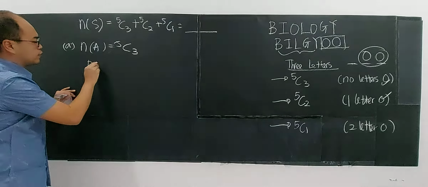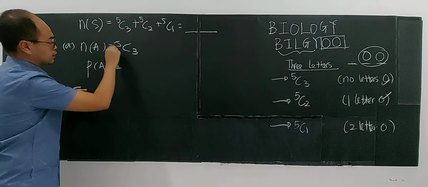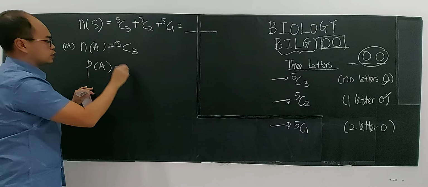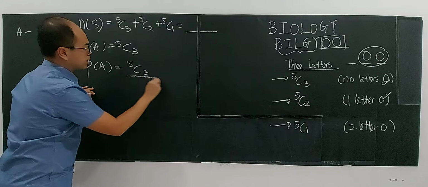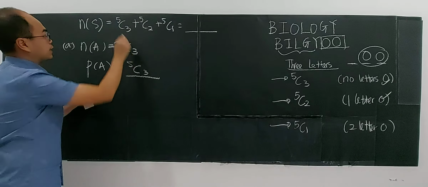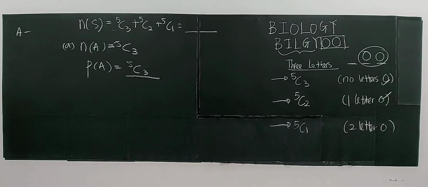The probability of A is the number of outcomes for this event divided by the total possibilities. So I have to total up first.